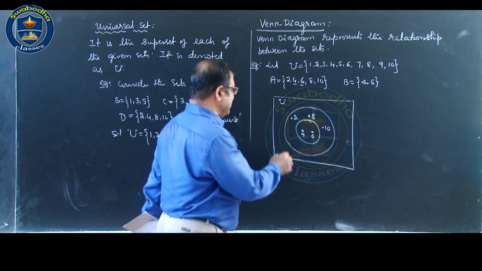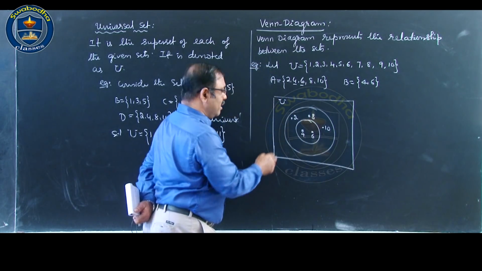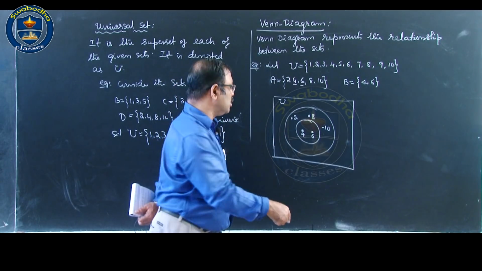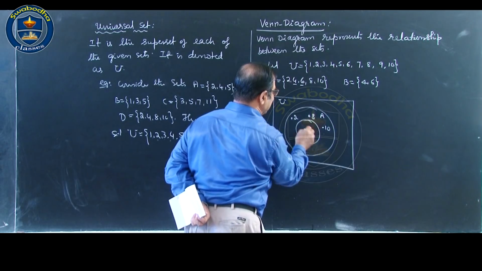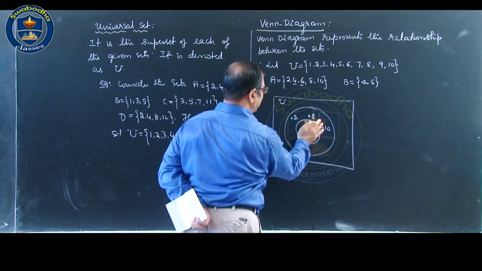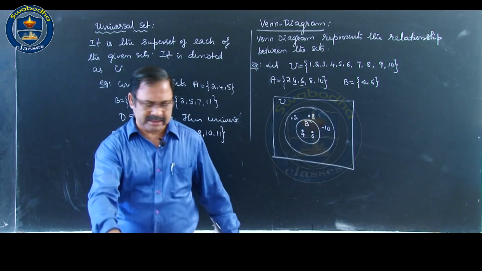Now when we represent, what are the elements of B? 4 and 6. But where are these elements? They are in A also. ಈಗ this is set A, this is set B. Okay, ಇದೇನು ಈಗ ನಾನು ಇಲ್ಲಿ ಬರೀತೇನೆ.